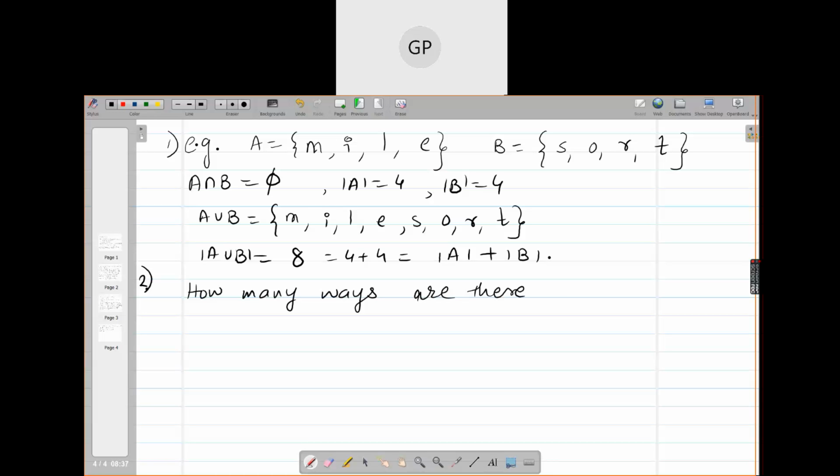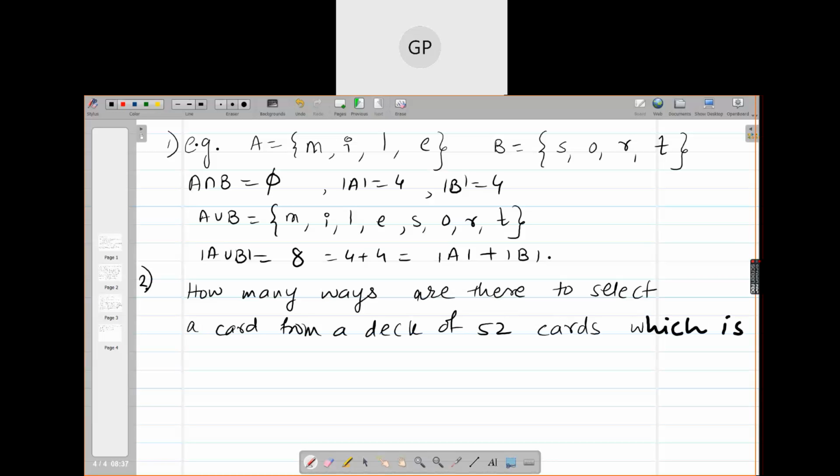How many ways are there to select a card from a deck of 52 cards, which is either a face card or a number card?